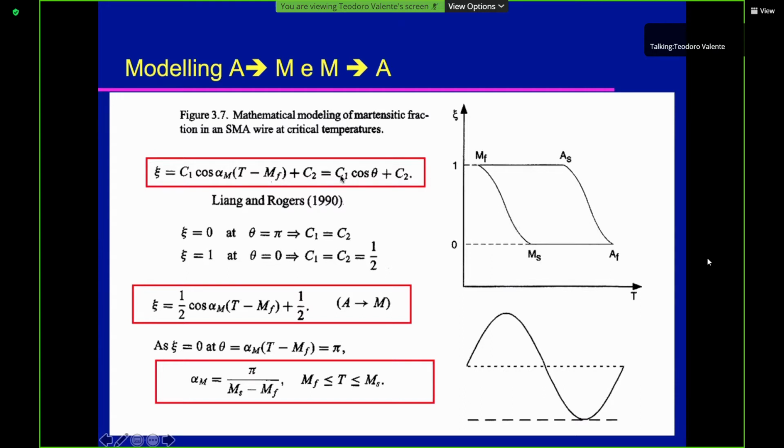The general expression is percent Xi of formed martensite equal to a constant C1, which multiplies the cosine of an angle theta plus another constant, C2.